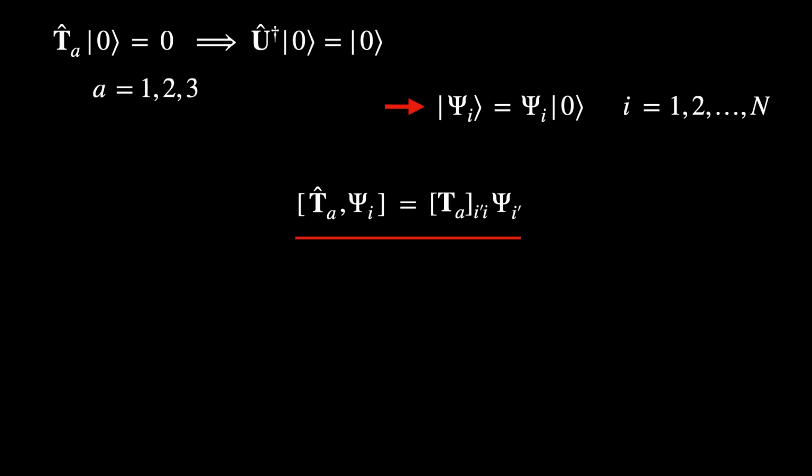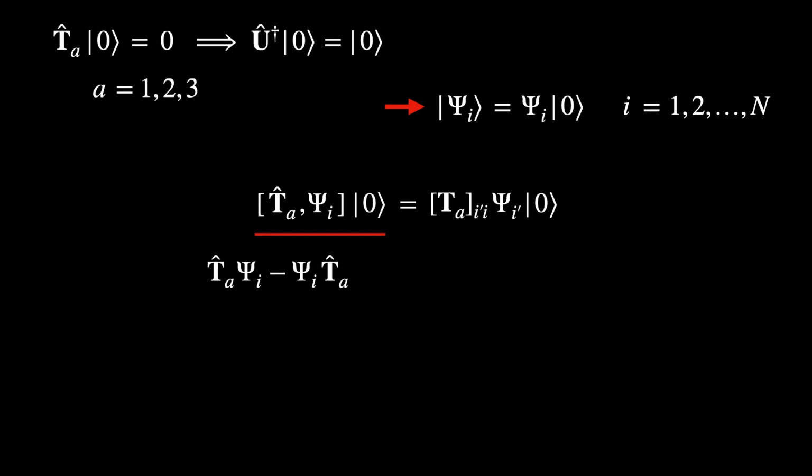Now let's apply both sides of this operator equation to the vacuum state. Expanding out the left-hand side of this equation, and using the symmetry of the vacuum state above, we can now identify the particle states in the multiplet on both sides.